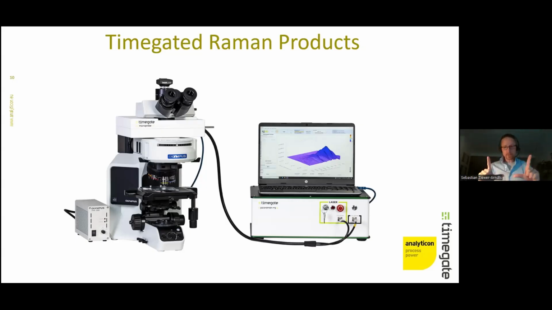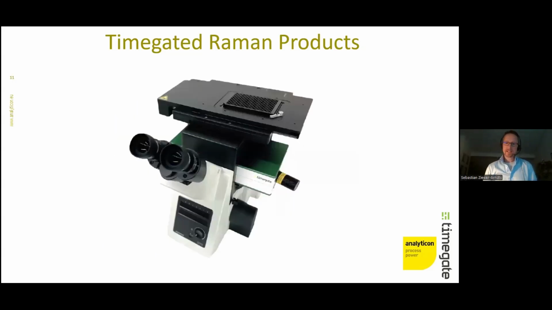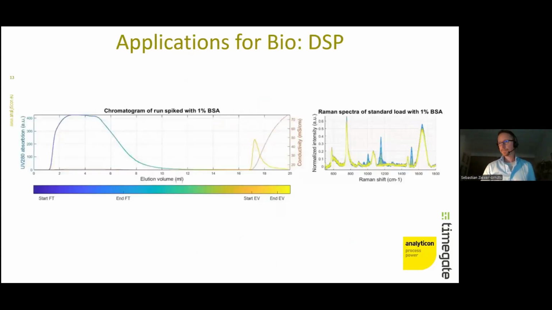You focus on an area on your sample, and you just get a Raman spectrum for that area. And the third setting they offer, quite interesting for research and development or formulation development, is a plate reader. You have the opportunity to really make high-throughput screening, measure the individual wells, and get a Raman spectrum only from the well you are interested in.